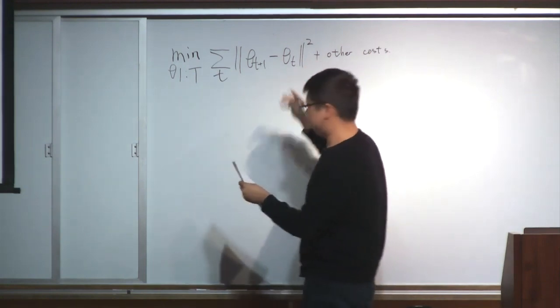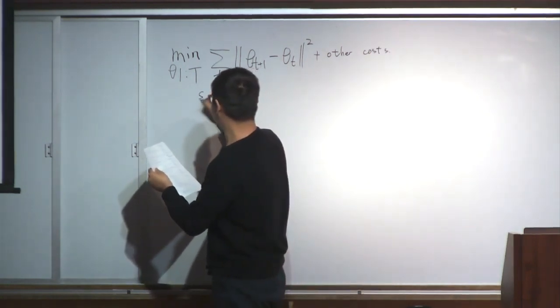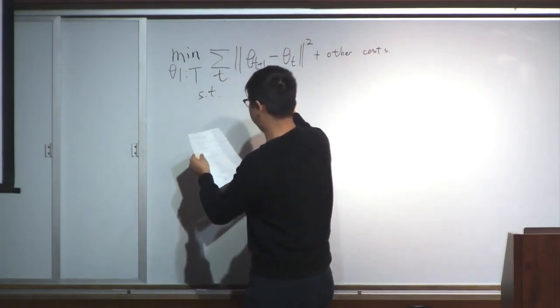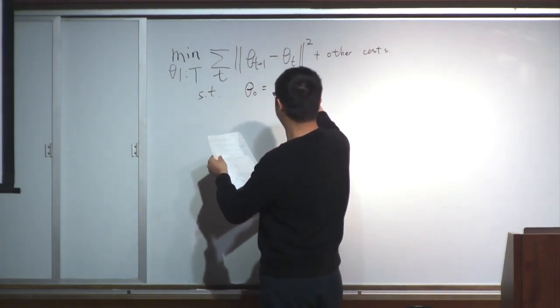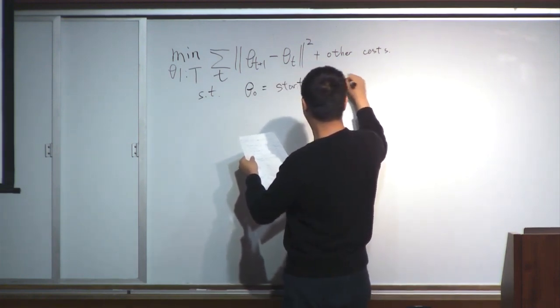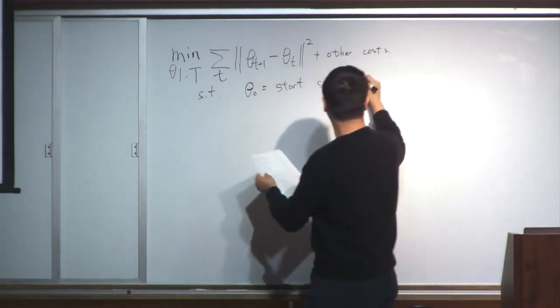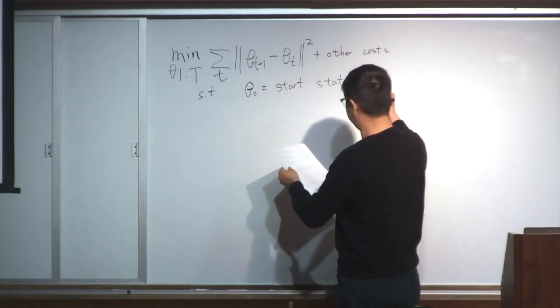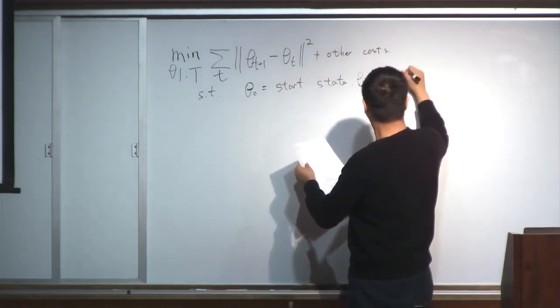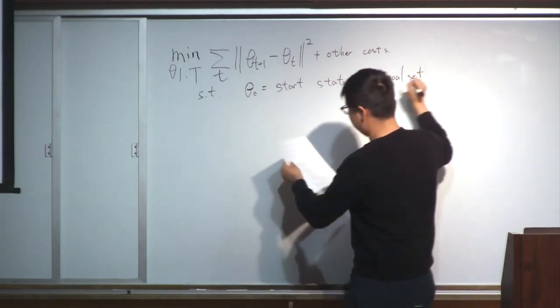So this is our main objective, subject to theta_0 is the start state, and theta_T in the goal set.